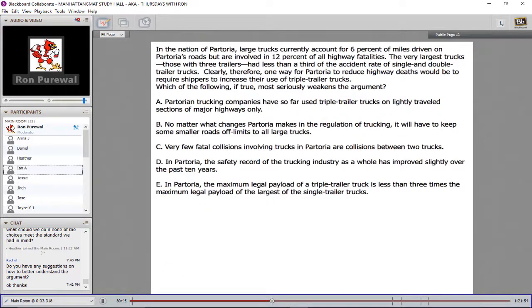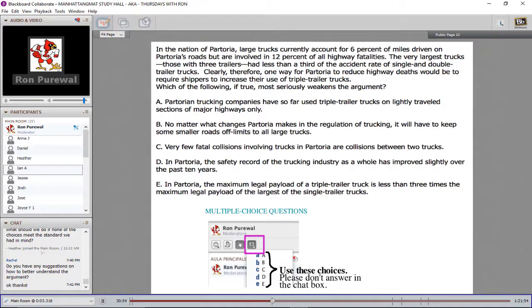Try this one. Don't forget where the multiple choice answers are found. Please do not answer in the chat.